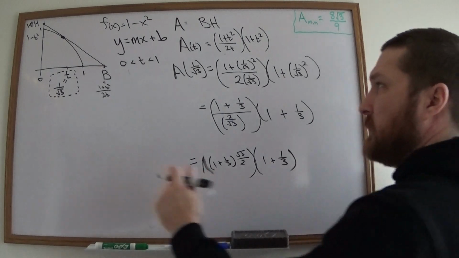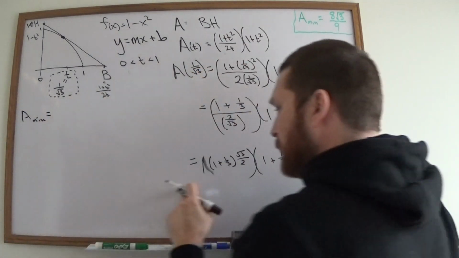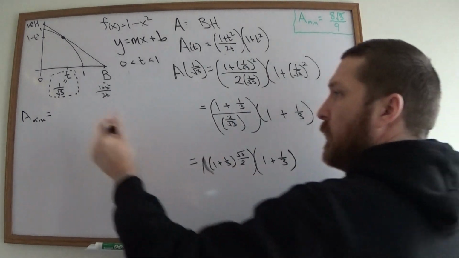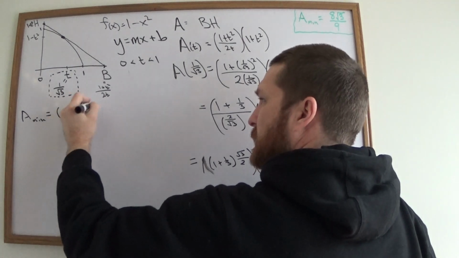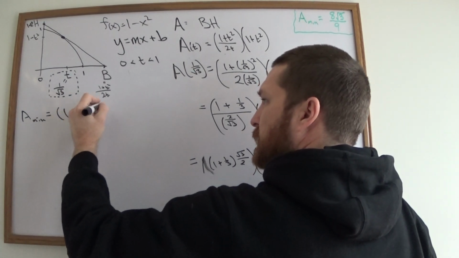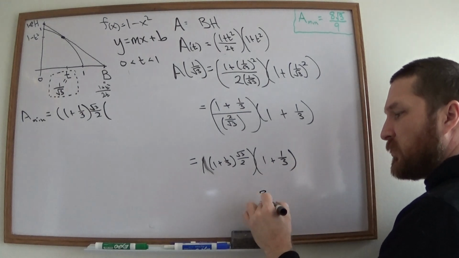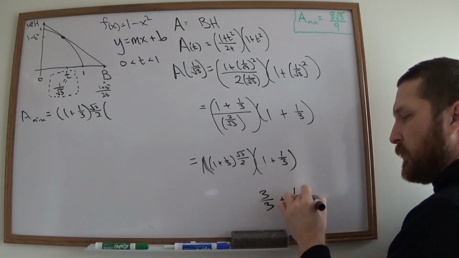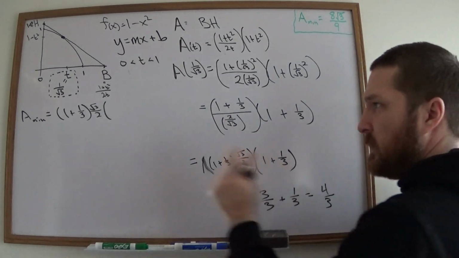So the minimum area should be 1 plus 1/3 times root 3 over 2 times, well, 1 plus 1/3 is the same as 3/3 plus 1/3, that's 4 thirds.